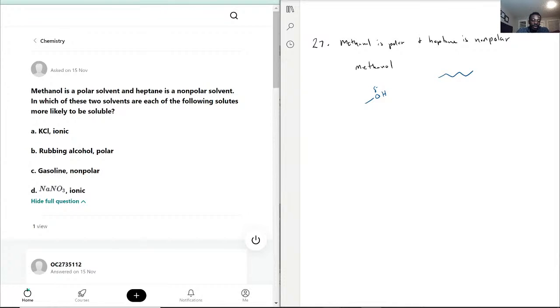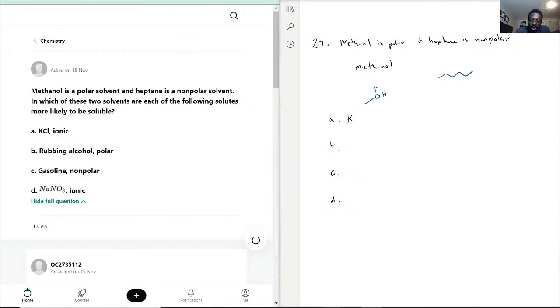So remember how like dissolves like. We're going to take these options first, and then draw them out to see if they have a polar or non-polar side, to see if they dissolve, and that actually gives us the answer right there.